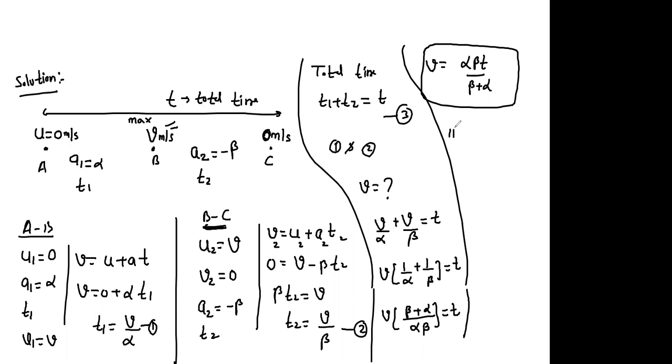Second part is your homework. I'm just writing the answer of second part. That would be your homework. The answer of second part is alpha beta t square by twice of alpha plus beta. That's the total distance. That's your homework.